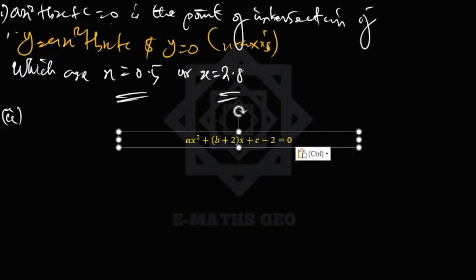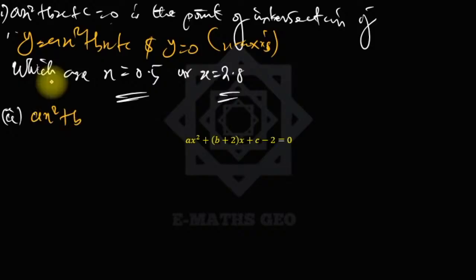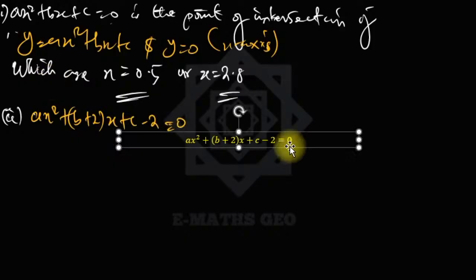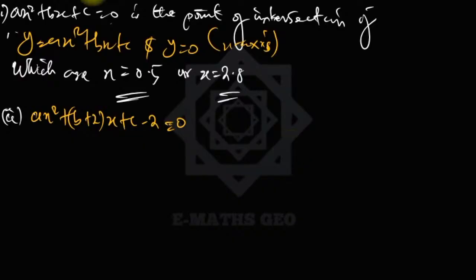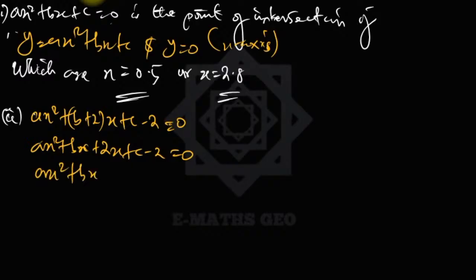So the same way we need to get ax squared plus bx plus c. So any other thing we get, we find their point of intersection. So first of all, we open up this: ax squared plus bx plus 2x plus c minus 2 equal to 0. We now have ax squared plus bx plus c. We move this one to the other side, it is now minus 2x plus 2.